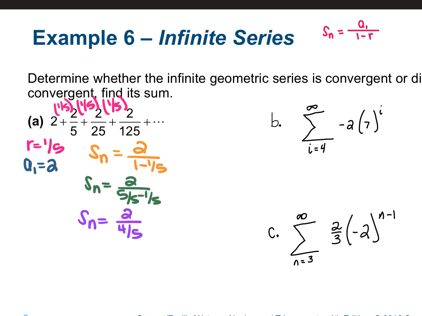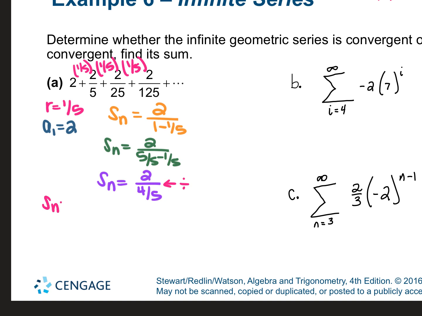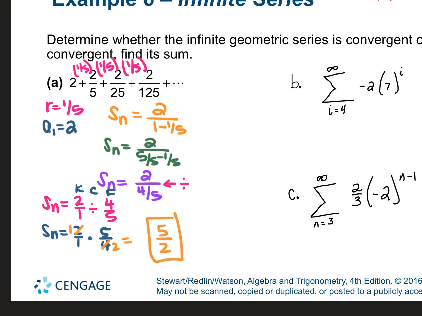I don't like working with fractions within fractions, so I'm going to rewrite using division. That's going to give us S sub n is equal to 2 over 1 divided by 4 over 5. Remember, when we divide fractions, we keep, change, flip. So this is going to become 2 over 1 times 5 over 4. Your 2 is going to become a 1. Your 4 becomes 2. So that gives us 5 over 2 for our answer.